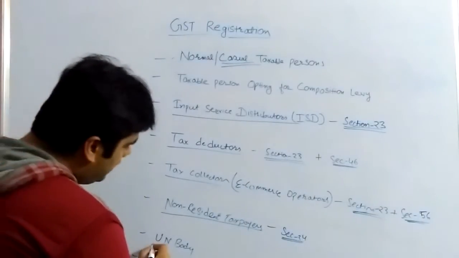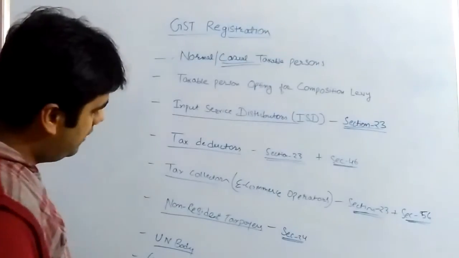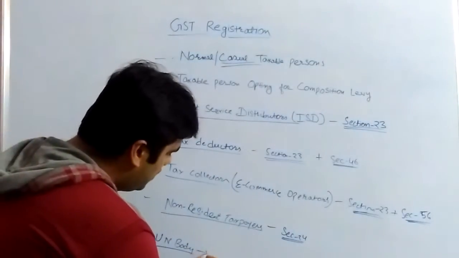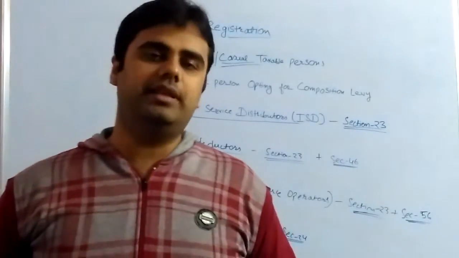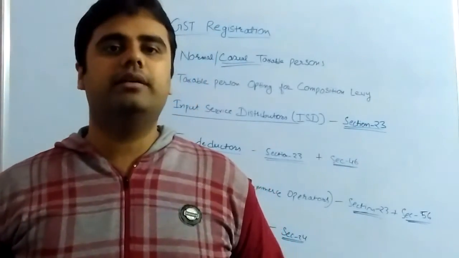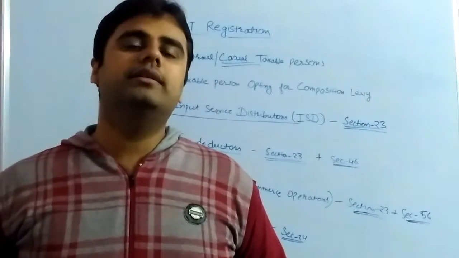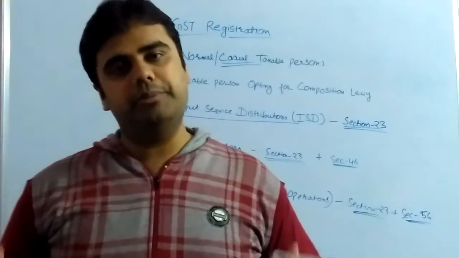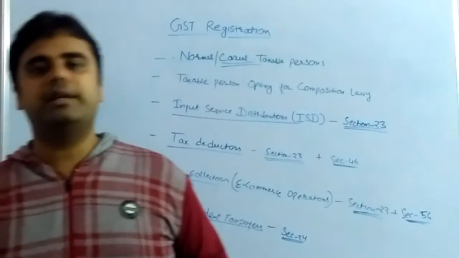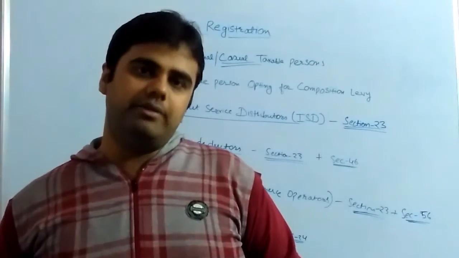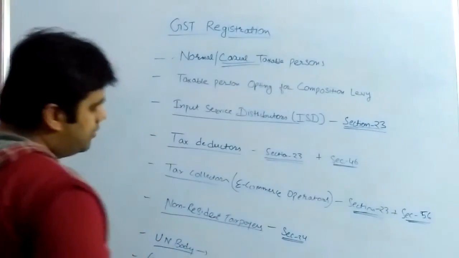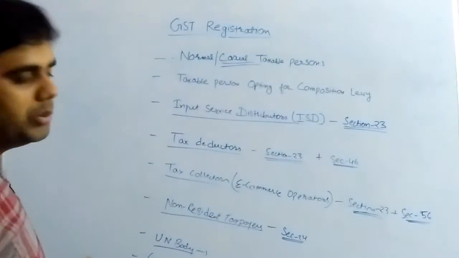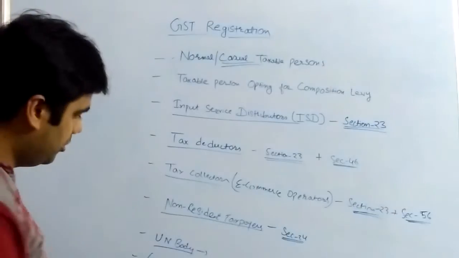UN bodies are taking registration because the government is giving them a facility that whatever they are buying in India, they will get the refund for the input tax credit or the amount that they have paid on their inward supplies or purchases. So the benefit of taking registration as a UN body is that you will be able to take the refund.